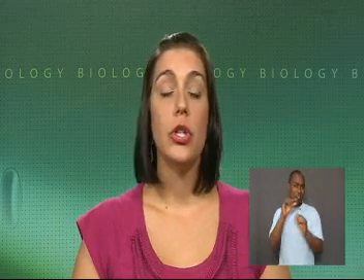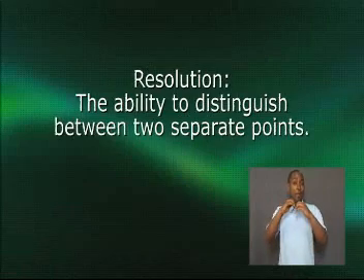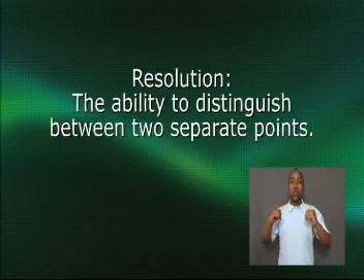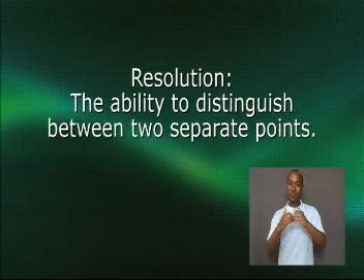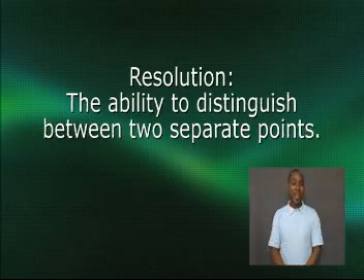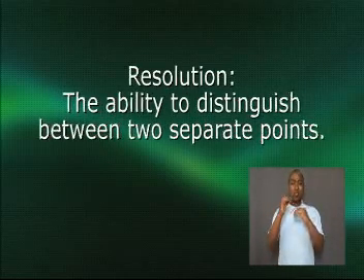When an image is magnified, often it can be blurry or distorted. The term resolution means the ability to distinguish between two separate points. In other words, resolution means the amount of detail that can be seen.